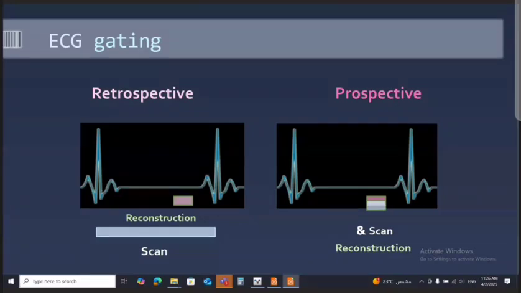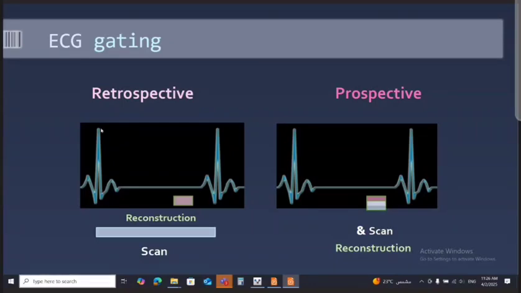While in the prospective acquisition, we have either systolic or diastolic images, and we cannot perform cardiac function. And if the diastolic images are affected by cardiac motion artifact, we have no opportunity to create images at the systolic phase.